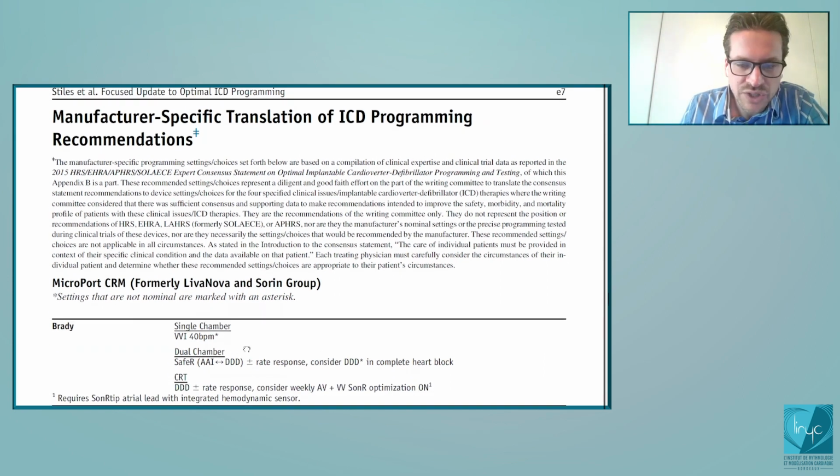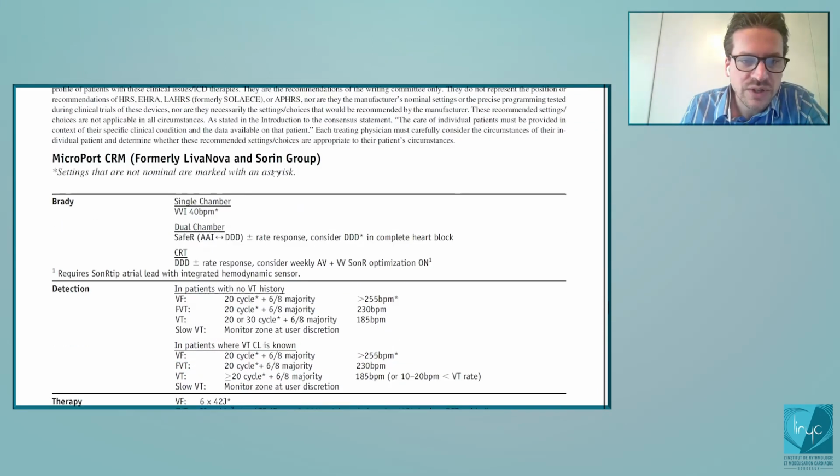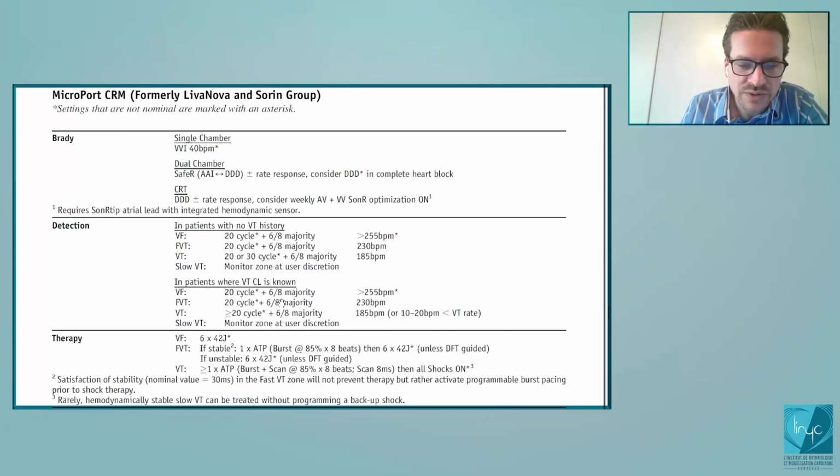There are really not a lot of changes between 2019 and 2015. It's really details. So you can also use the old document, but this is the new one. And it's for every company, the nominal and the settings that should be programmed for the whole group of patients are shown. So of course, also for Microport devices.